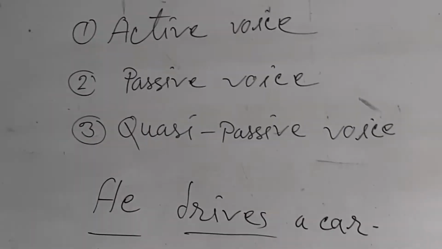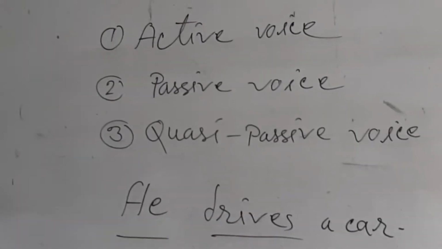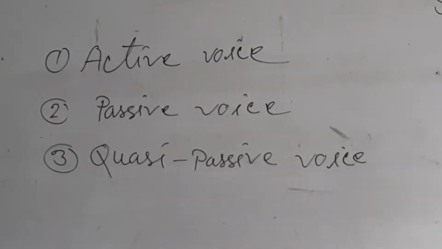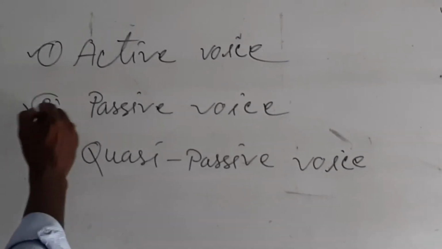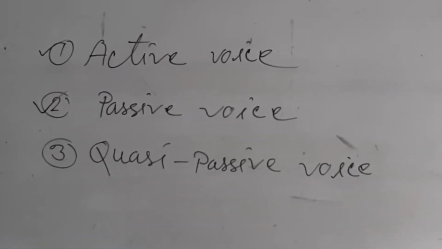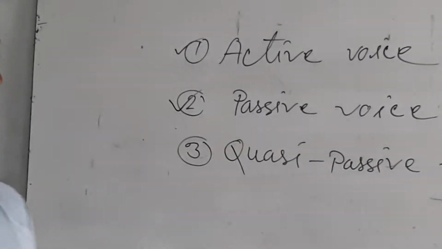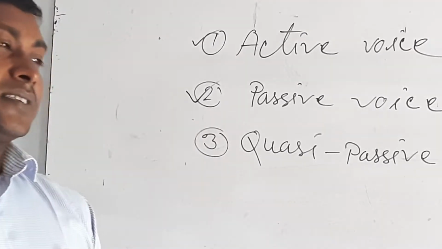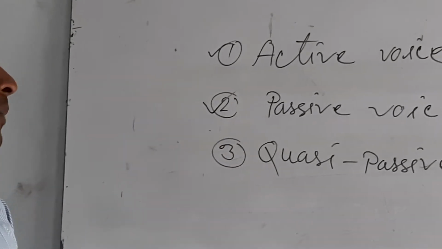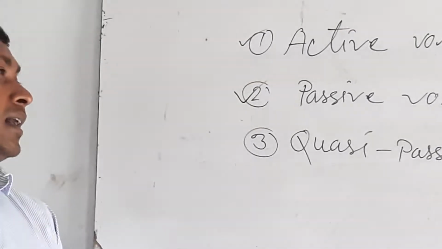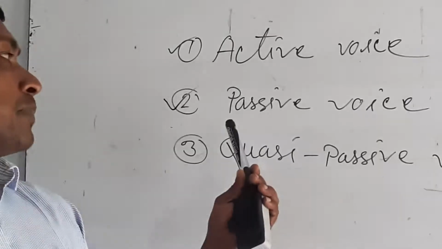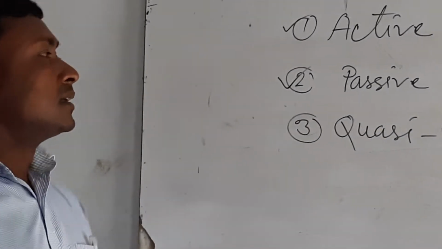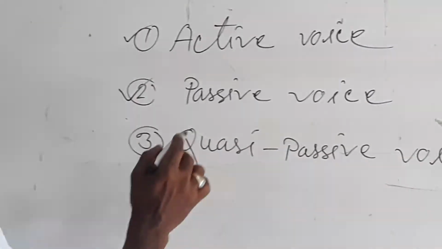Now we will learn passive voice. What is passive voice? When the subject of a sentence is acted upon, then the verb is in passive voice. These sentences are called passive voice.